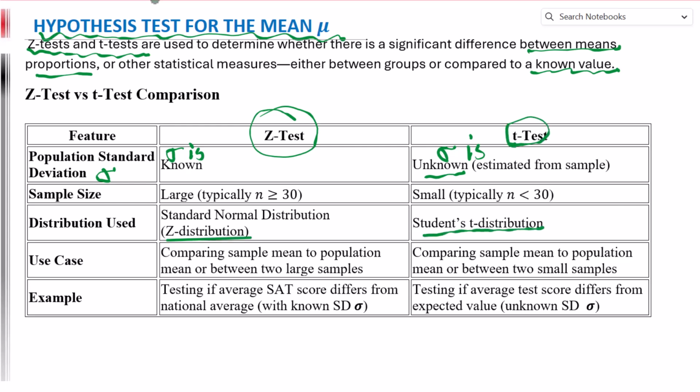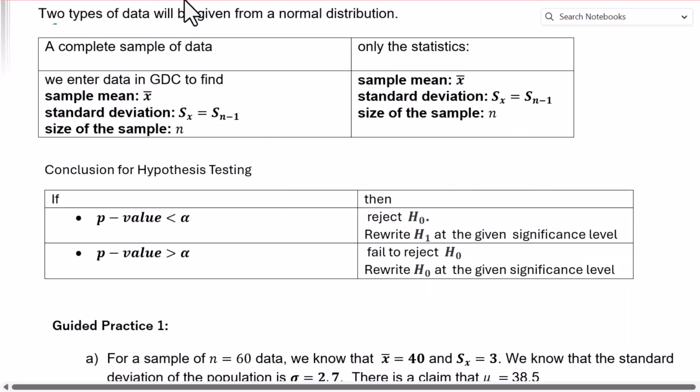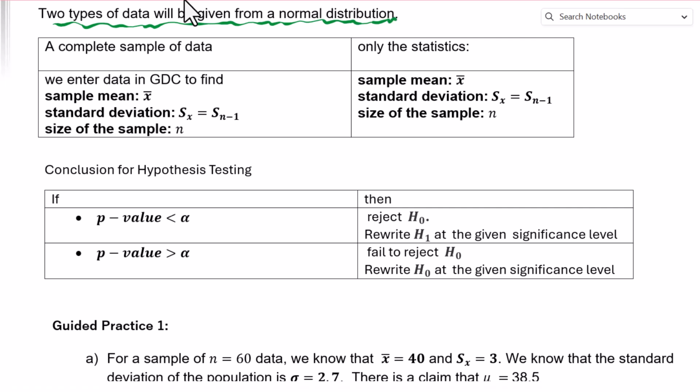Example for z-test: testing if the average SAT score differs from national average with the known standard deviation sigma. If the sigma is unknown, we got to use t-test. Two types of data will be given from a normal distribution.